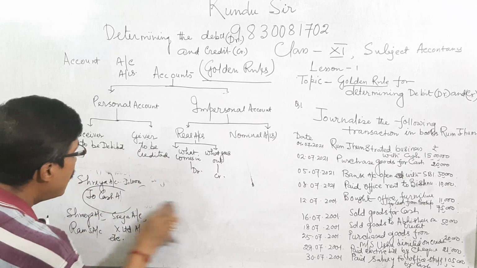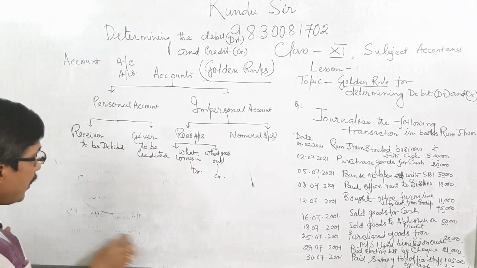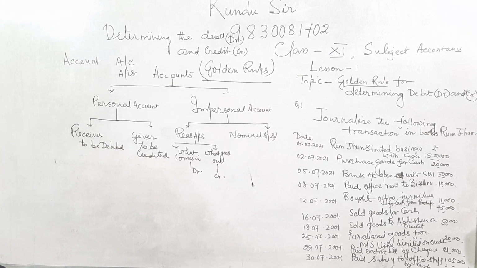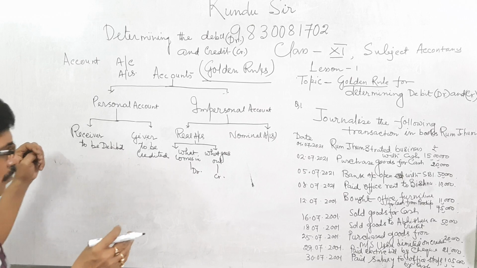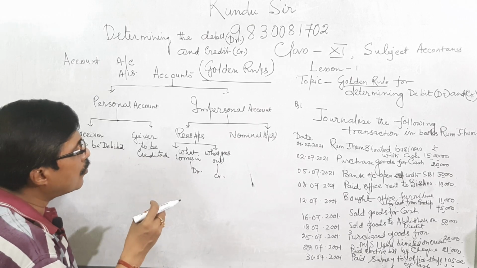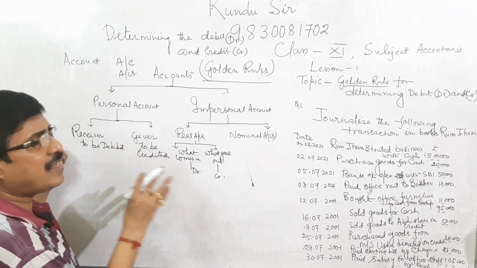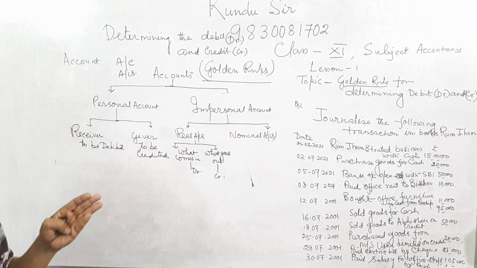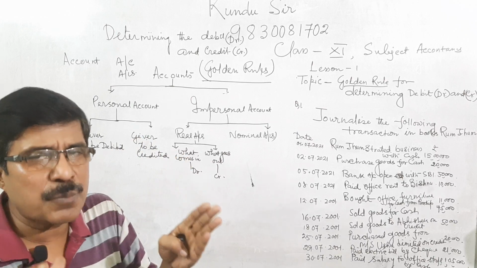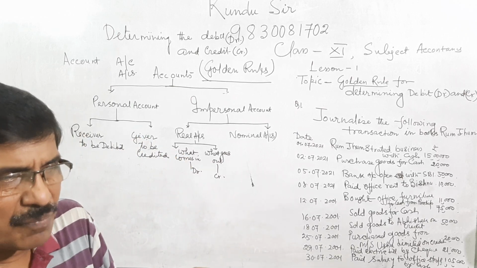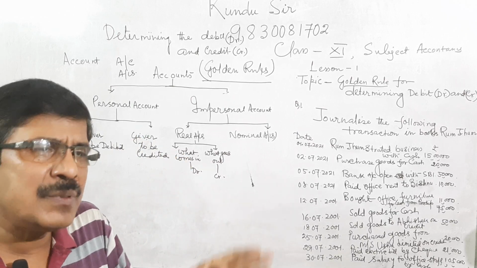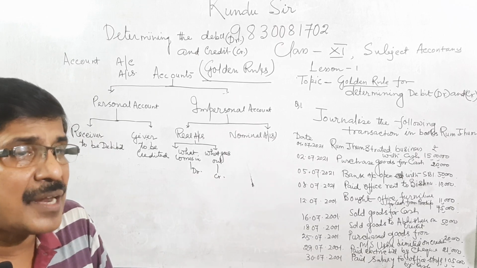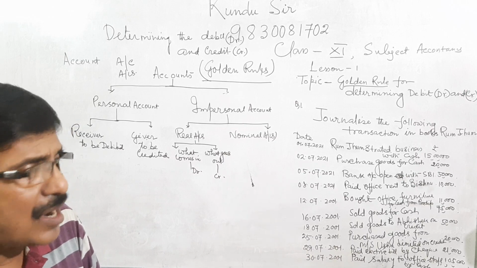Now we are doing the real account, giving some examples and explanation. In case of real account, we are purchasing a machinery. Real means the accounts which are to be maintained years after years. Then personal account, if there is a balance, debit or credit, is to be maintained year to year.